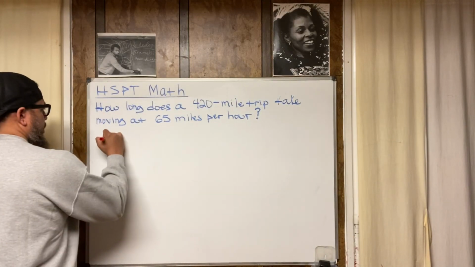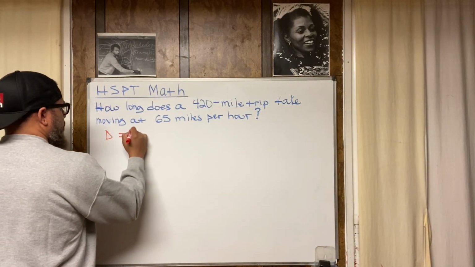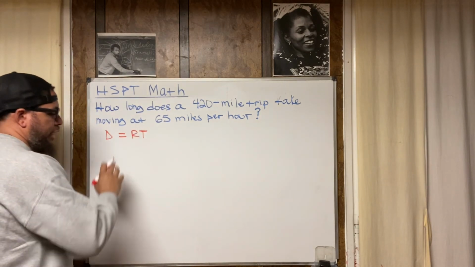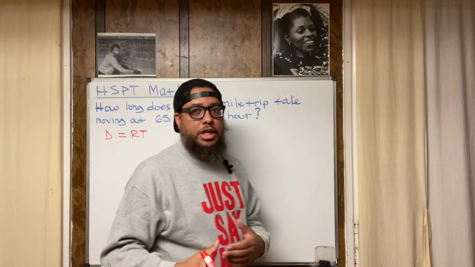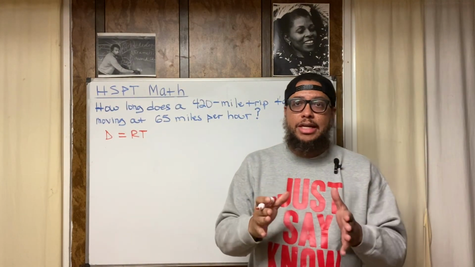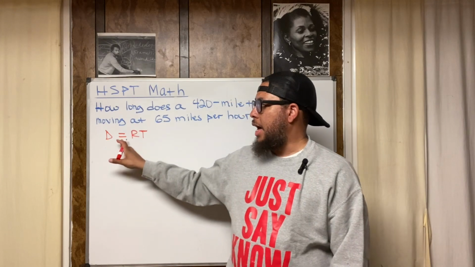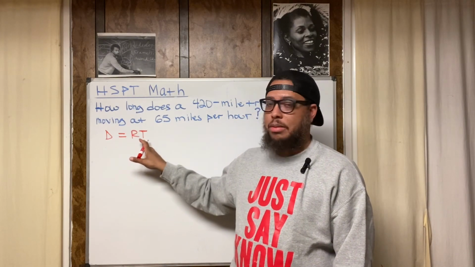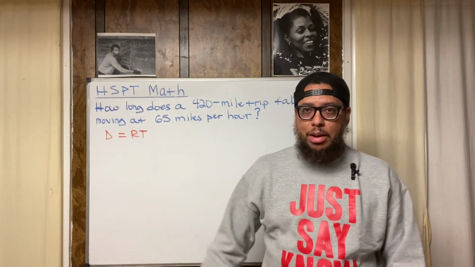Because here goes the formula: D equals RT. And if we translate math language into English, the equal sign is equivalent to the word is. DIRT: distance is rate times time. I call these dirt problems.